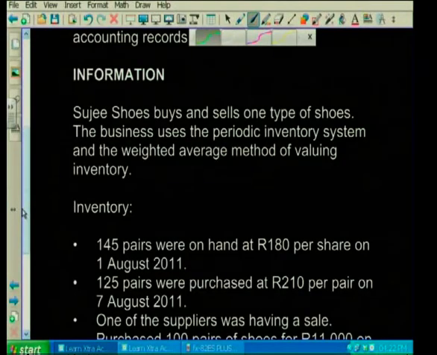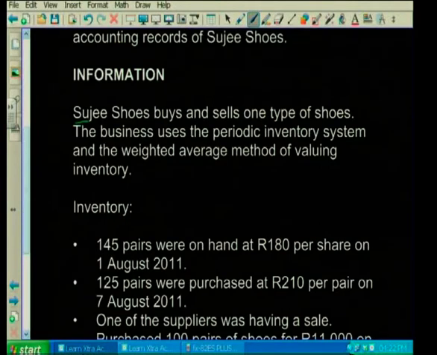When we talk about stock valuation, we're talking about specific identification, weighted average, and FIFO. Okay, let's get into our question. It says here that Suji Shoes buys and sells one type of shoe. The business uses a periodic inventory system, stock system.